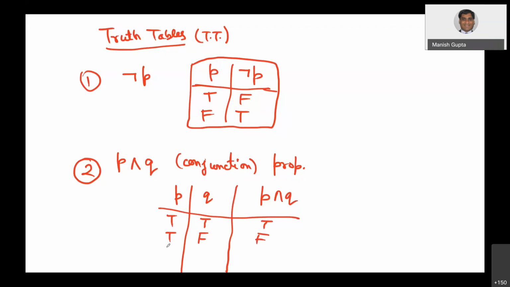If P is false and Q is true, then it is false. And if both are false, then it remains false. So if one of them is false, the conjunction will always be false, and it is true only if both are true. This is known as the conjunction or meet of two propositions.